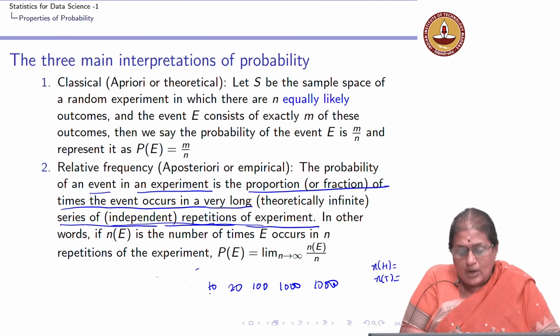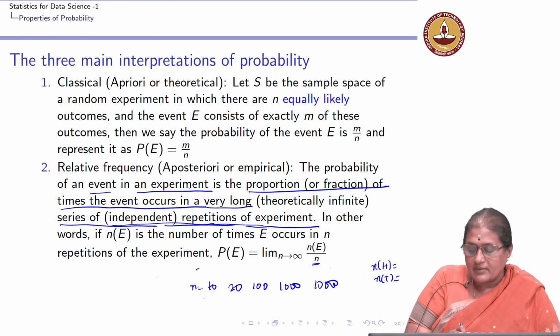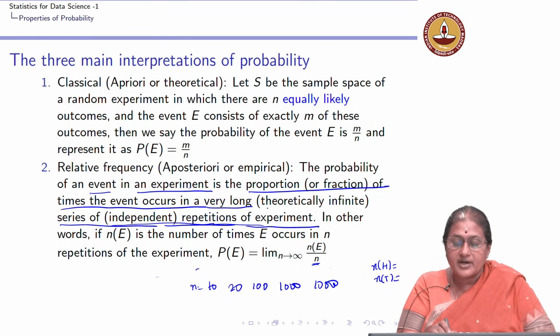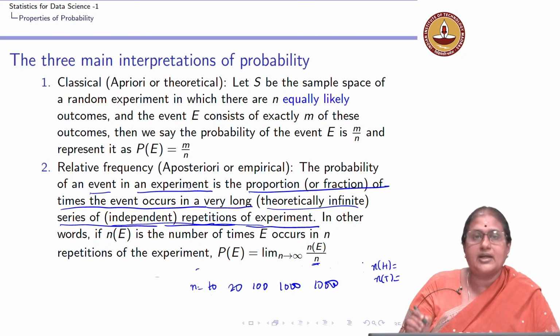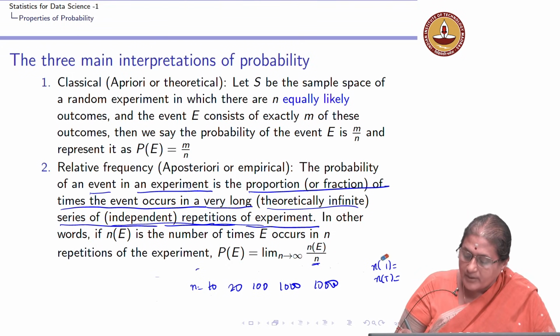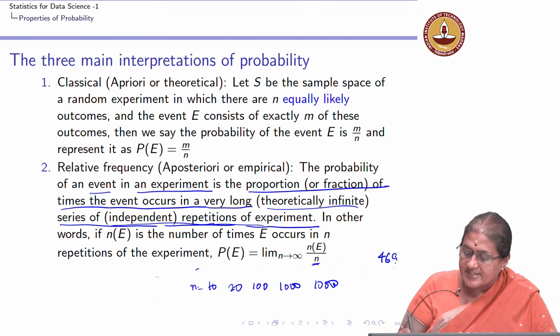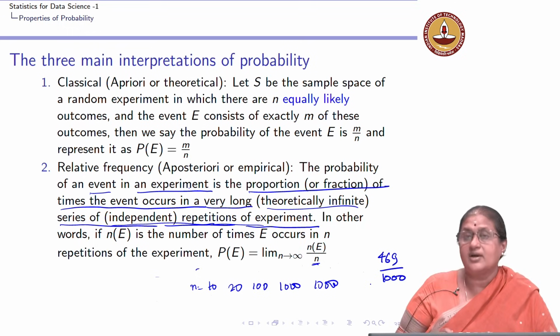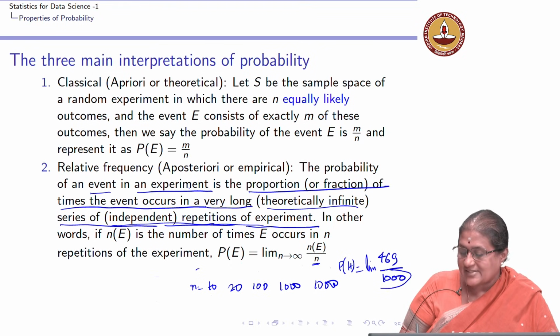So, you can see that what this refers to is this n. If I am repeating this experiment infinitely, theoretically an infinite number of times, and I am counting the number of outcomes that satisfy a particular event, that event could be coming either head or tail. So, if I have 469 in 1000 tosses, my probability of getting a head is going to be the limit as this tends to infinity.